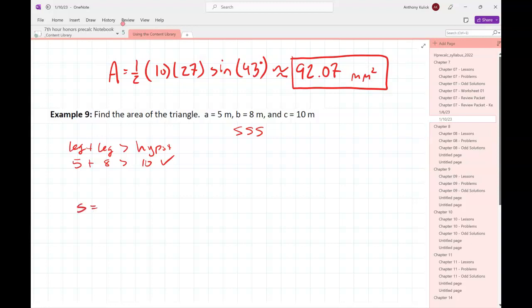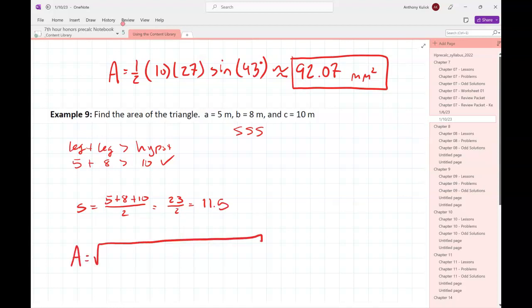So I'm going to start by calculating my value for S. So 5 plus 8 plus 10 is 23. 23 over 2 is 11.5. So my area is going to be the square root of S times S minus A. What's 11.5 minus 5? 6.5.